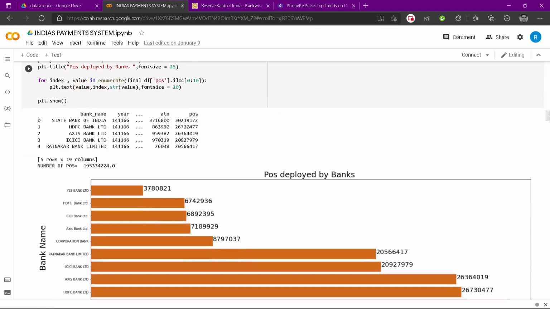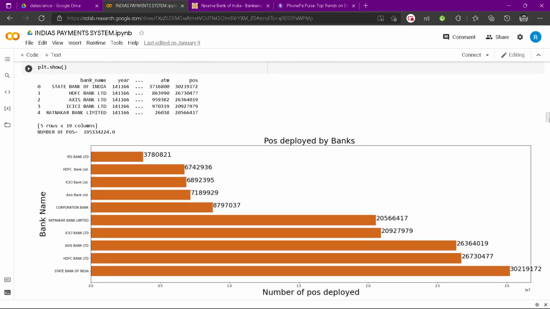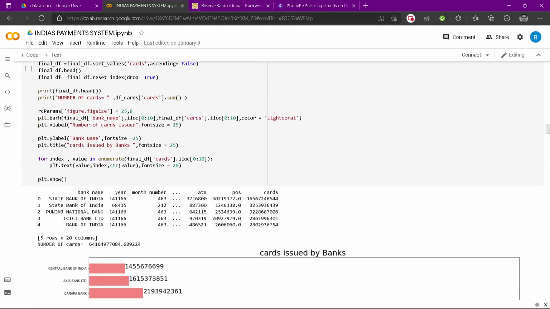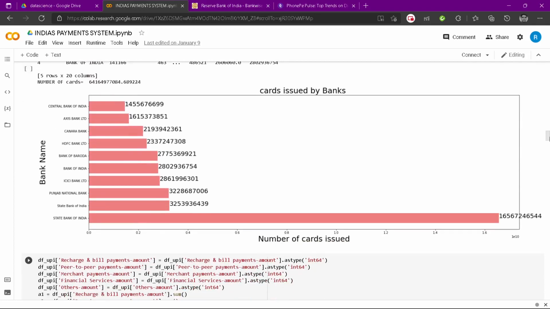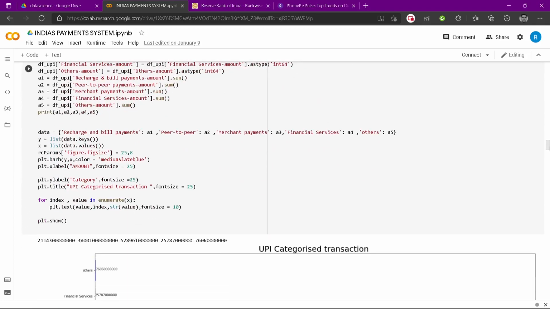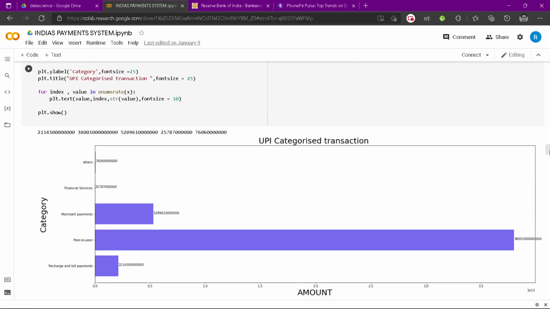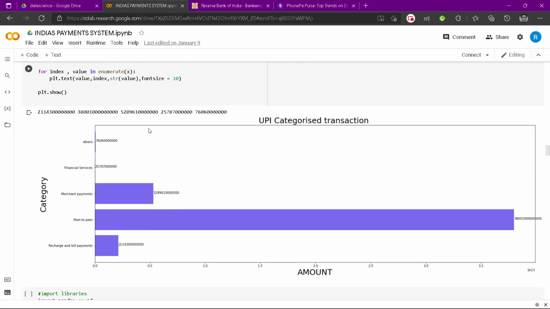Similarly, POS deployed by the top 10 banks, and cards issued by banks, and UPI categorized spending. In this, we see how UPI spending is in different categories: peer-to-peer, merchant payments, recharge and bill payments, financial services, and others.